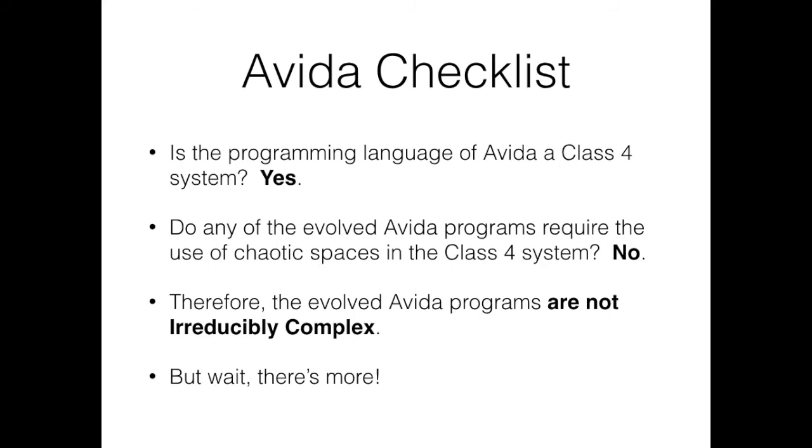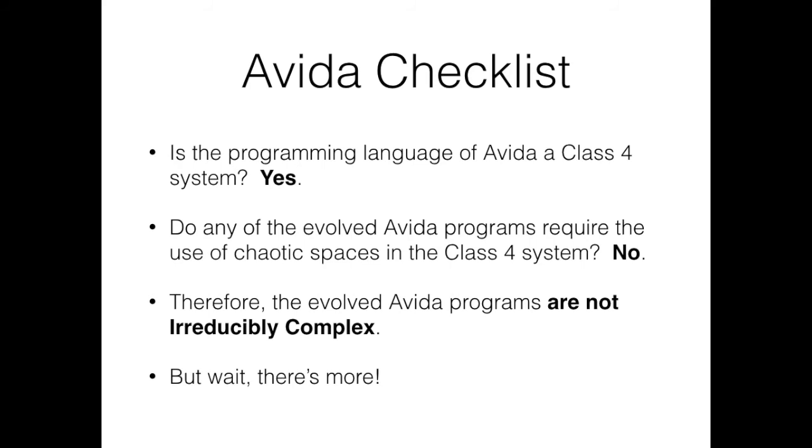So, is the programming language of Avida a class 4 system? Yes. Do any of the evolved Avida programs require the use, or even use, of chaotic spaces in class 4 systems? The answer to this is actually no. I've looked into this quite a bit. The solutions that they are trying to solve do not require open-ended loops or negative feedback.